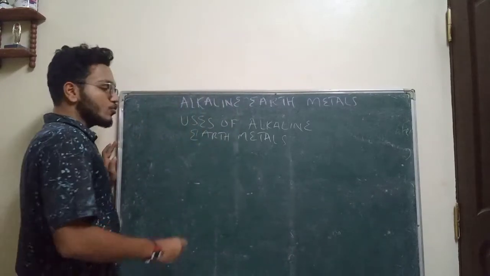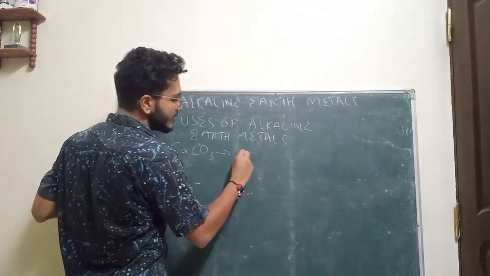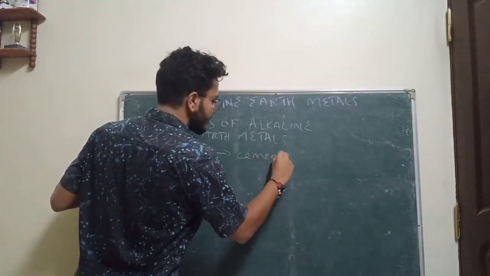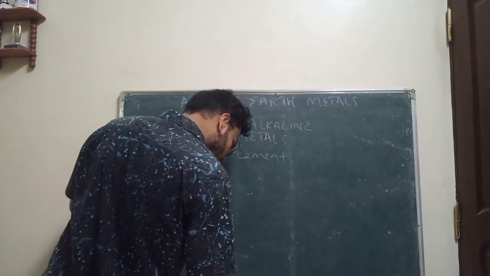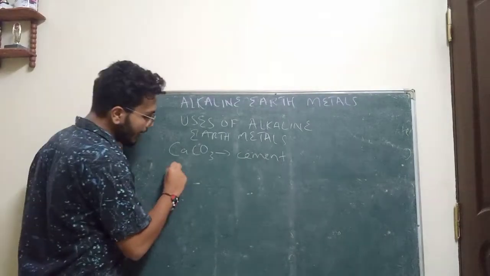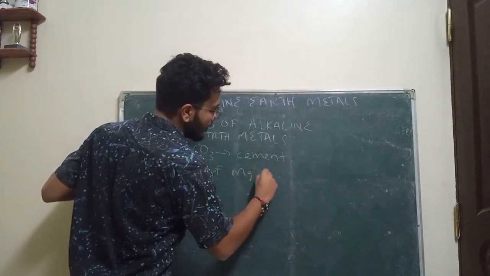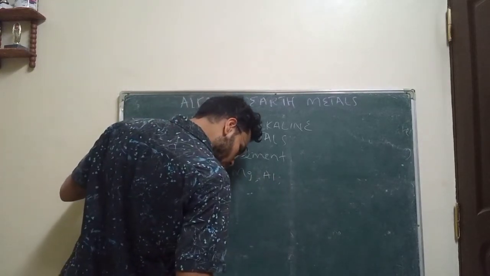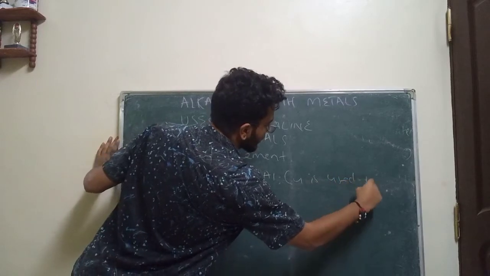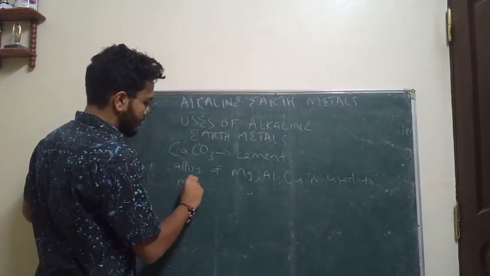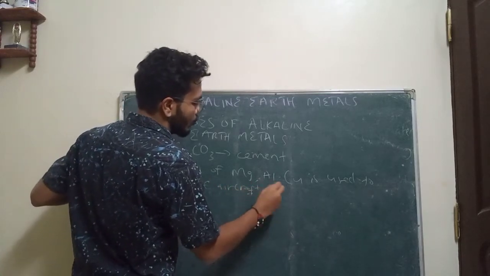Calcium carbonate is used to manufacture cement. An alloy of magnesium, copper and aluminium is used to make aircraft bodies. You only need to know two uses maximum.